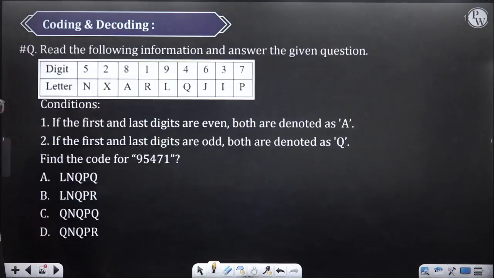Let's see now. Read the following information and answer the given question. Digits and letters are given; these are codes.